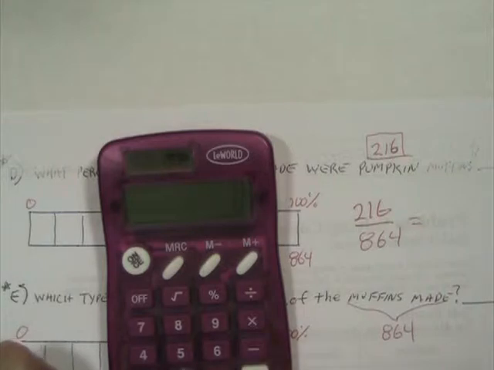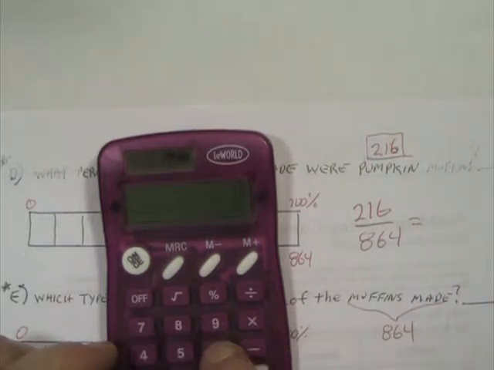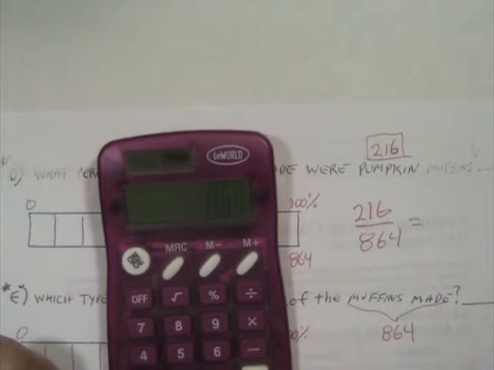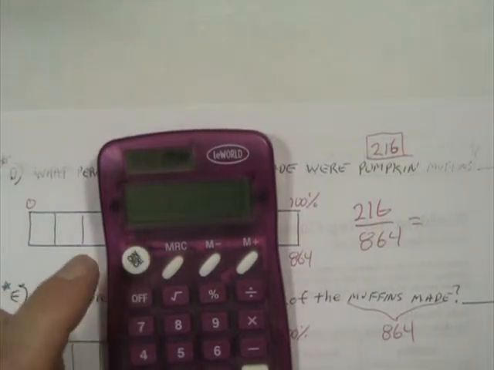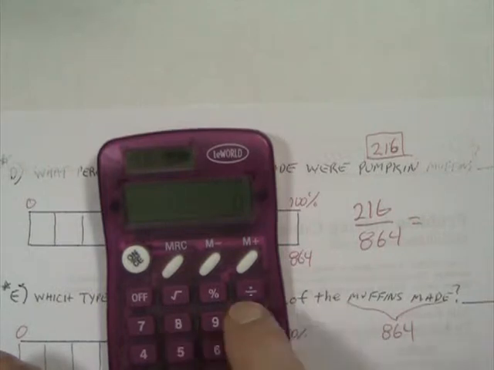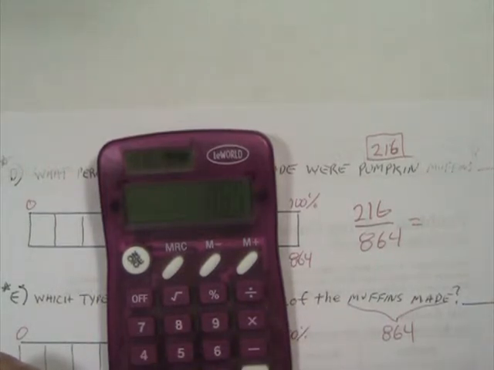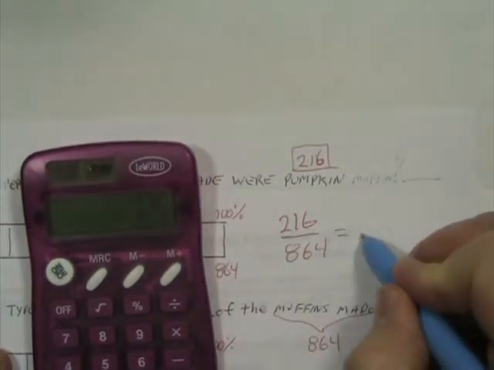So 216 divided by 864 equals, and I know that is wrong. Try it again. 216 divided by 864. There you go. 0.25.